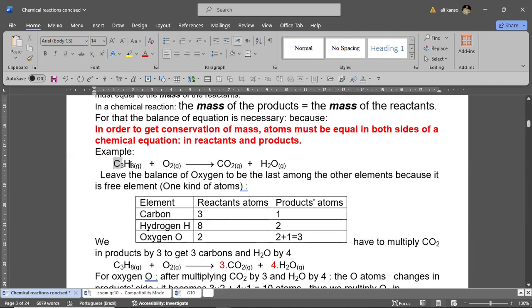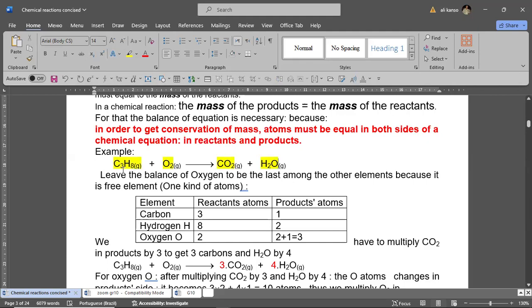Each substance has a molecular formula. These molecular formulas are constant, with no change in their composition. What we have to change is the coefficient.